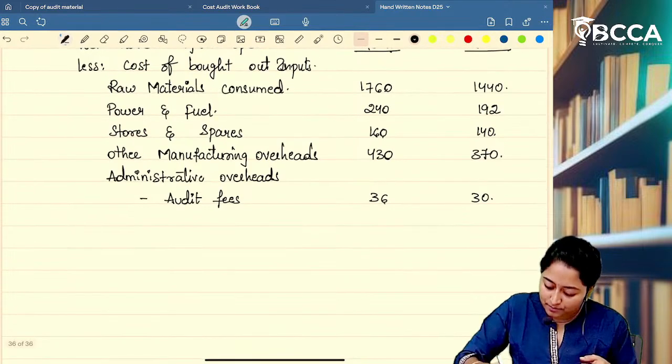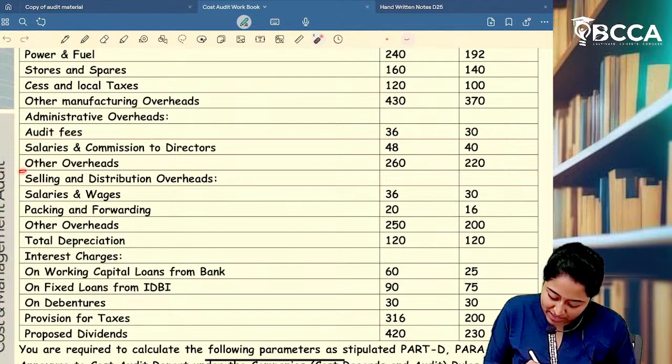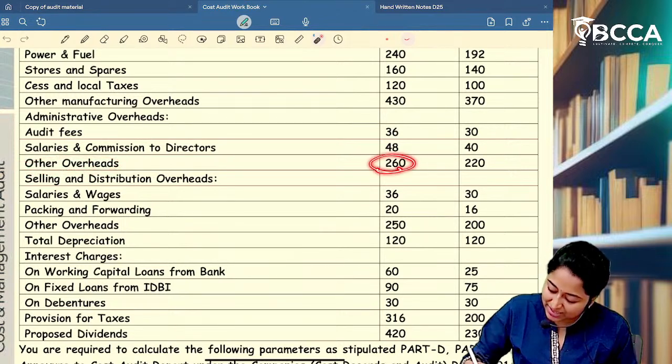Okay. After that, we have other overheads. It is 260 and 220.